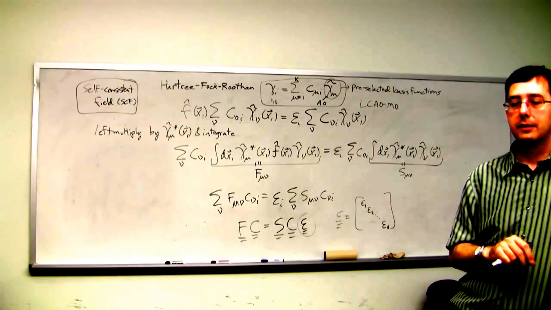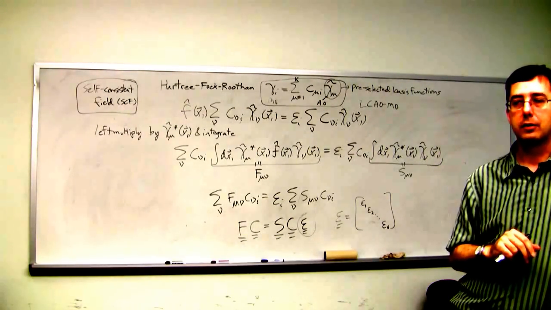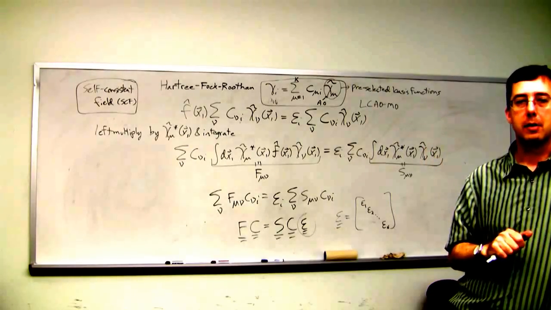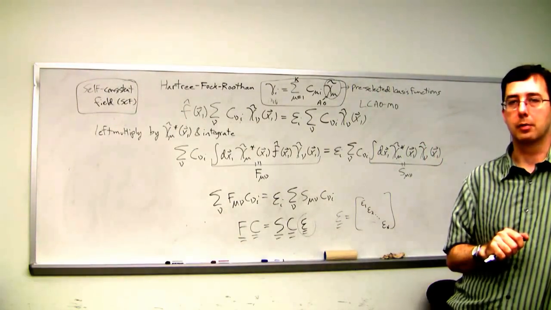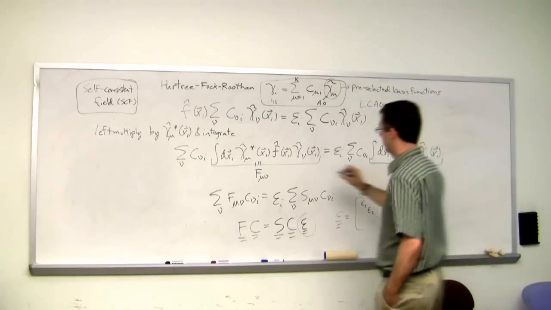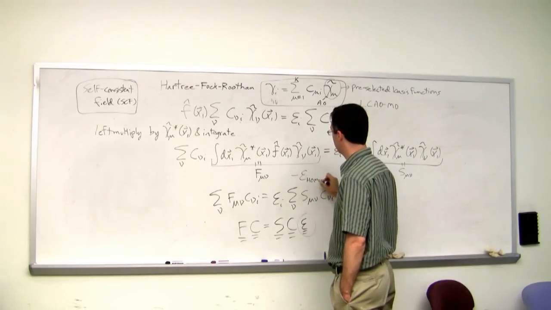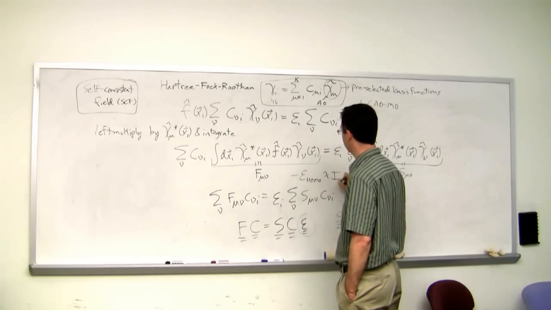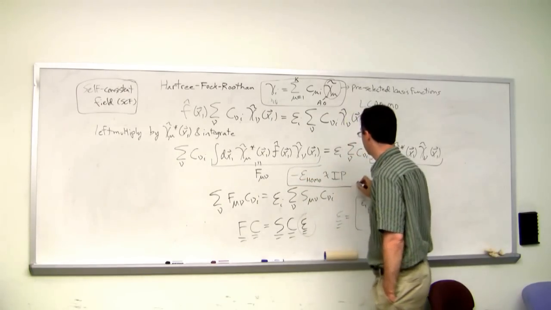And this is reasonably accurate, if you use a decent basis set from Hartree-Fock, for the highest occupied molecular orbital. So the minus of the energy of the highest occupied molecular orbital is approximately the first ionization potential of the molecule.